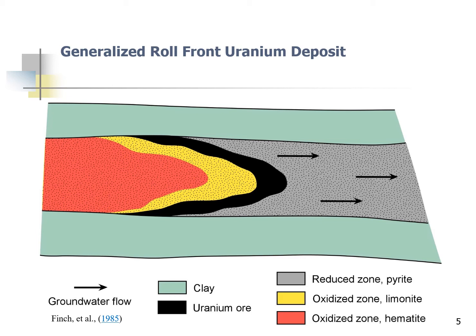So by looking at the drill cuttings, you can locate the roll front deposit where there are high concentrations of uranium. You don't always get uranium. The big question is what factors lead to the introduction of high uranium, oxygen-rich water into these aquifers.